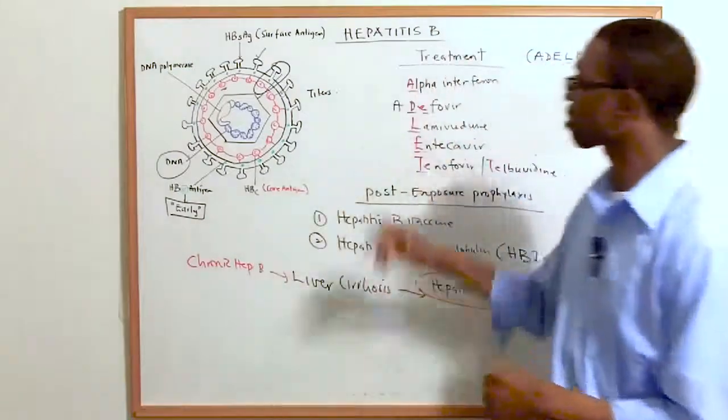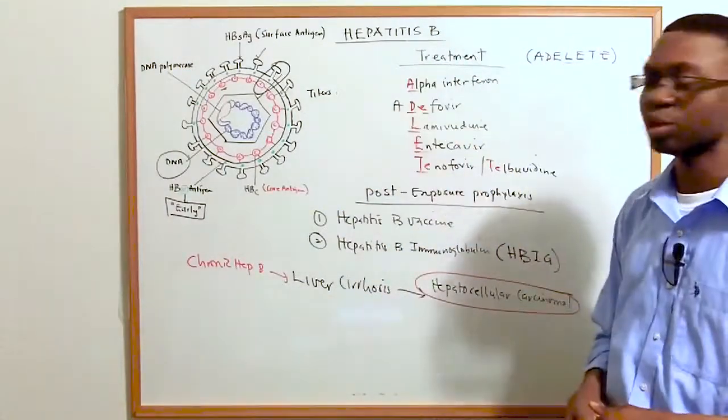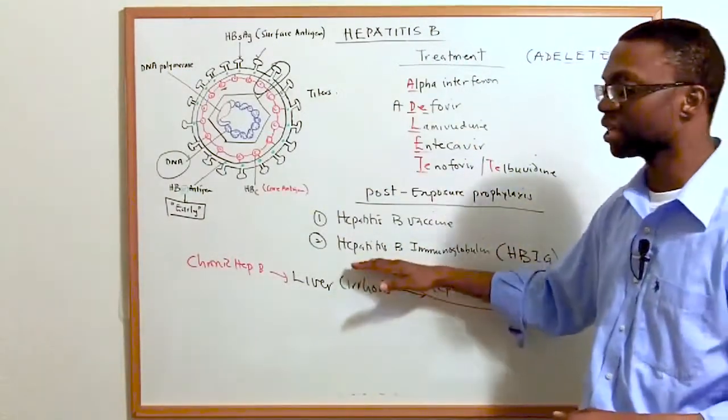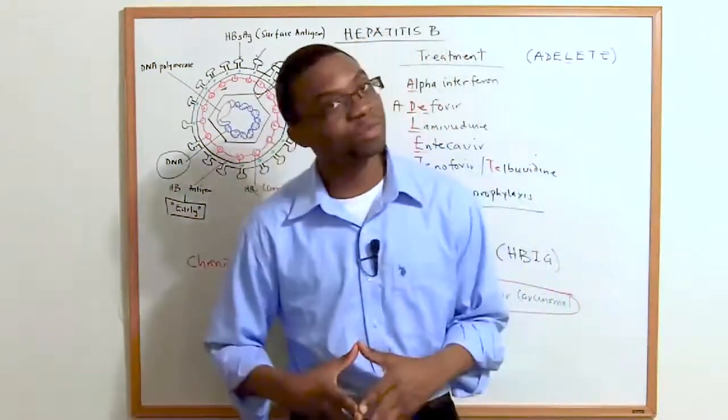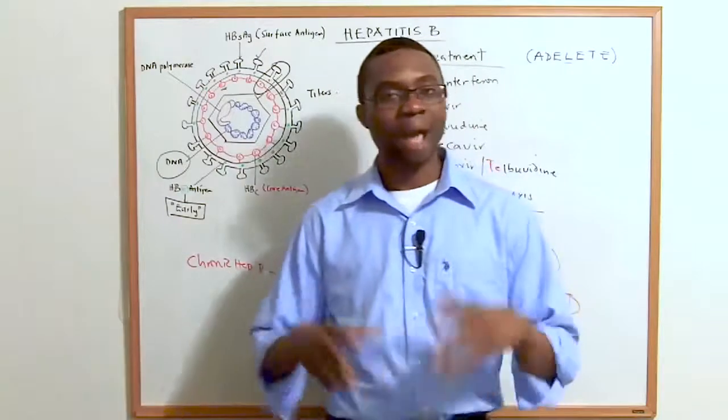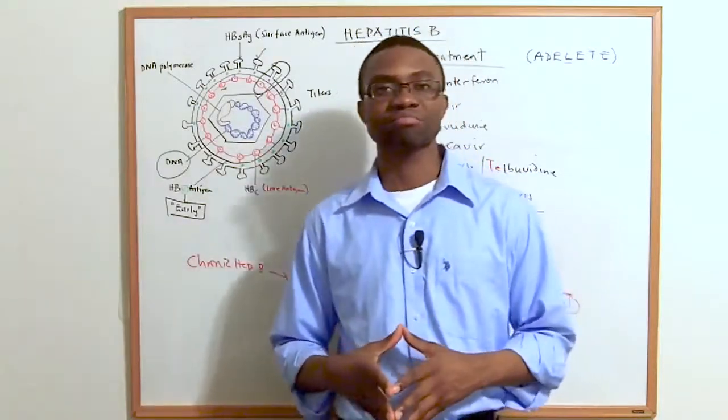Don't forget, these are the drugs that we use to treat, and if you get exposed, you get a vaccine or get the immunoglobulin. And that basically wraps up hepatitis B.